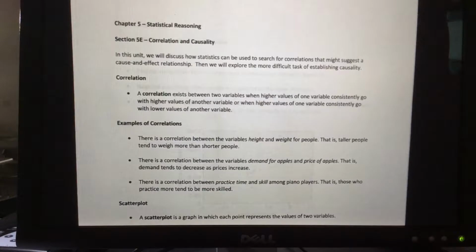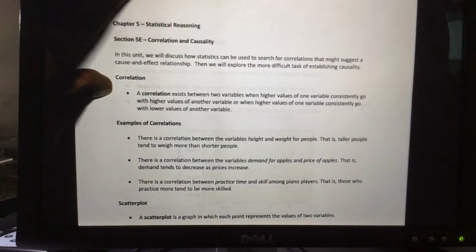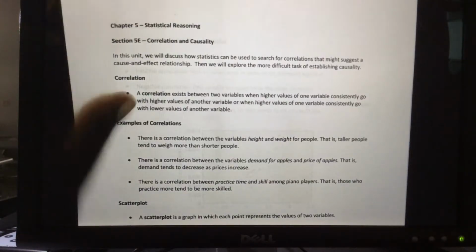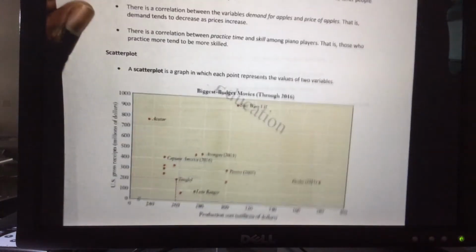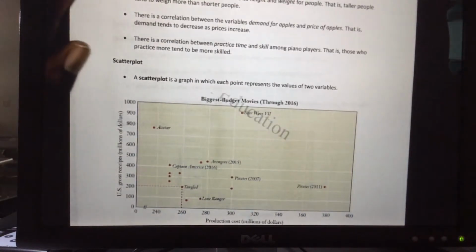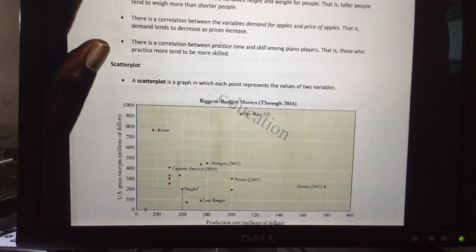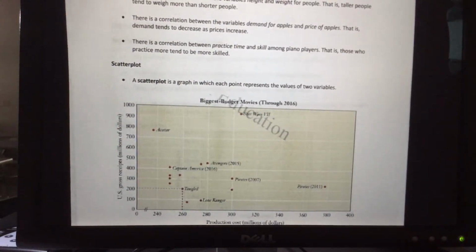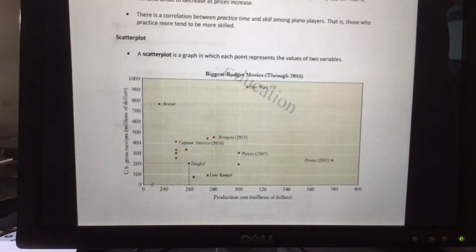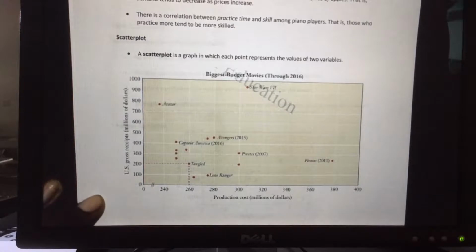One way of illustrating if there is a correlation between one variable and another variable would be to use a scatter plot. A scatter plot by definition is a graph in which each point represents the values of two variables.